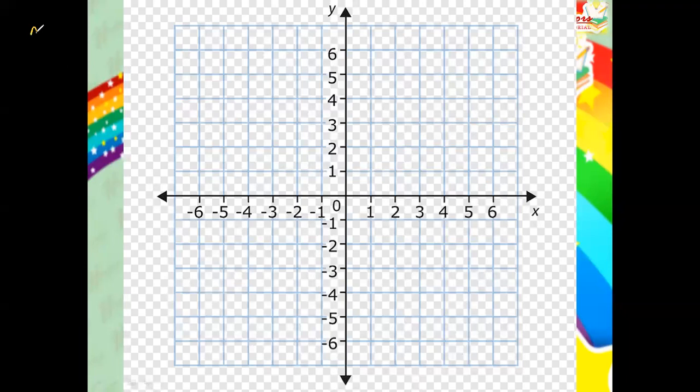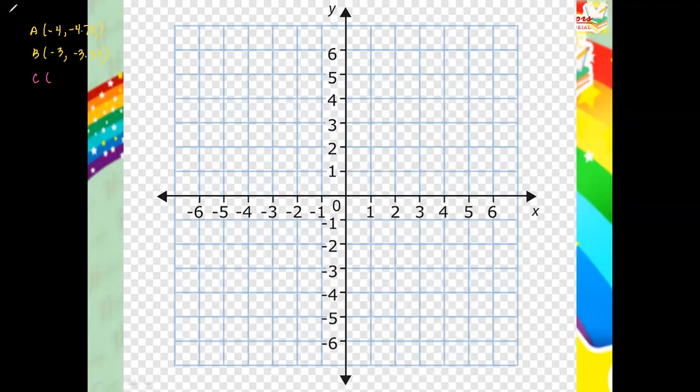So for A, we have here negative 4 and negative 4.75. I will write it here. For letter B, we have here -3 and -3.33.